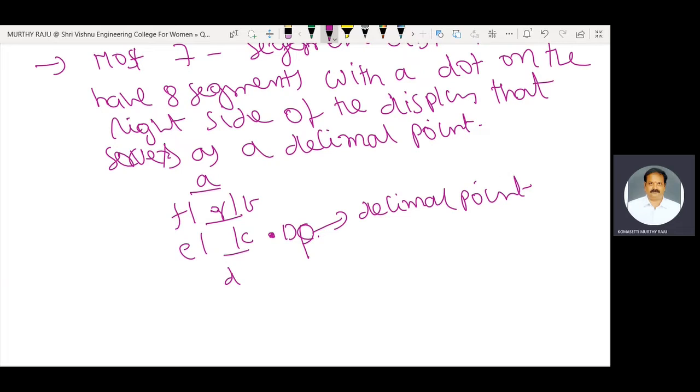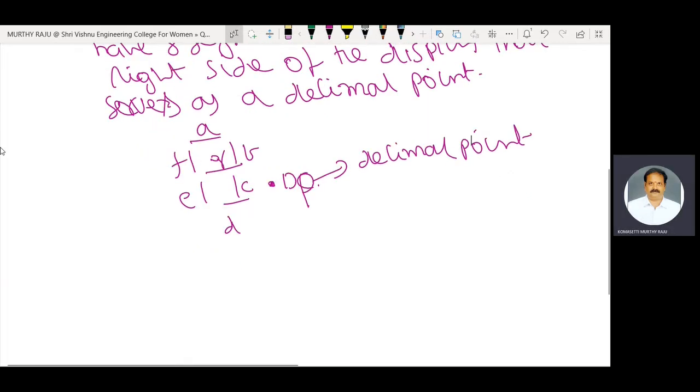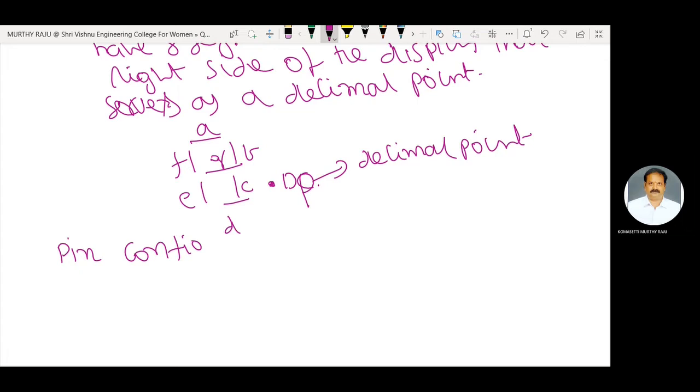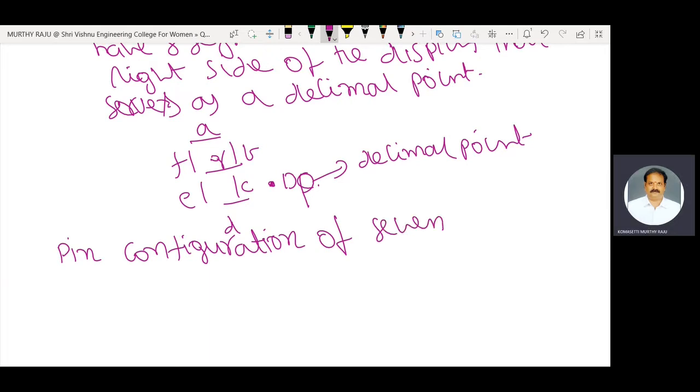This is the pin configuration of the 7 segment display.